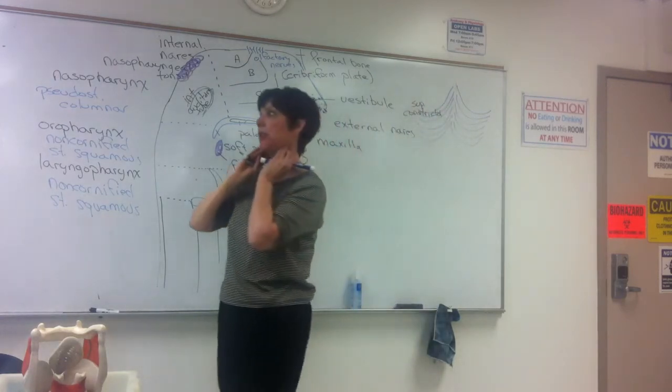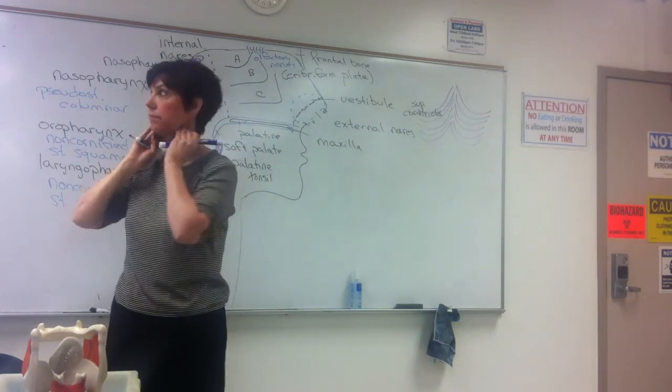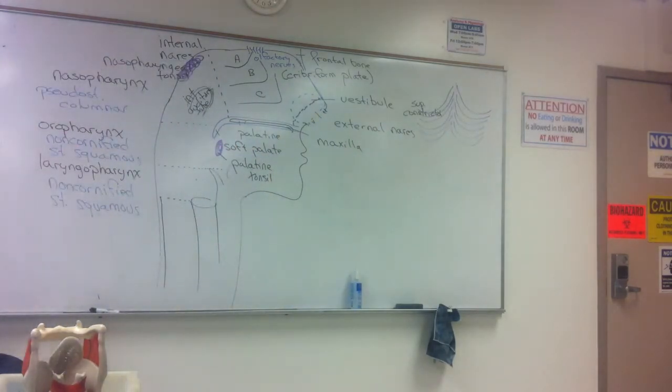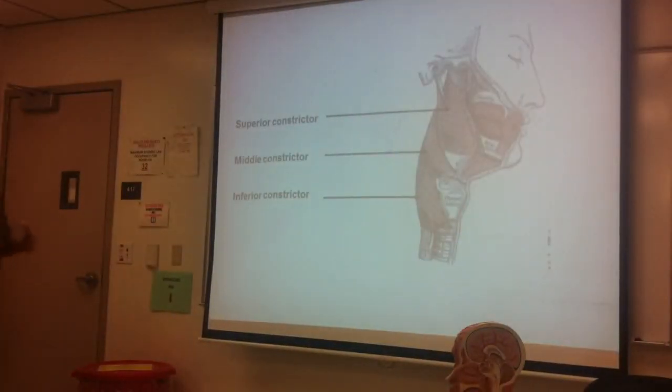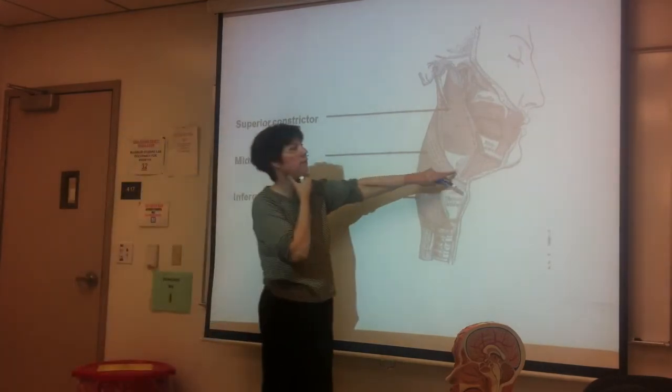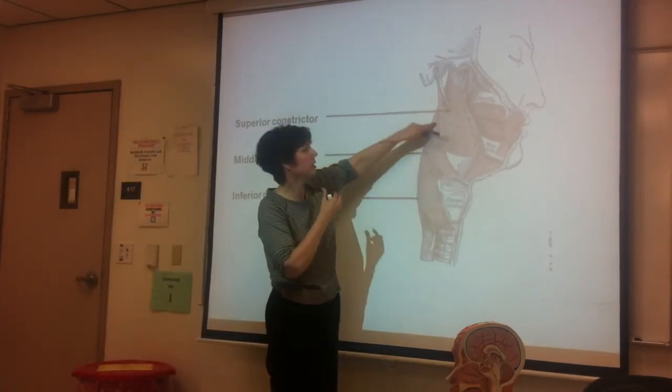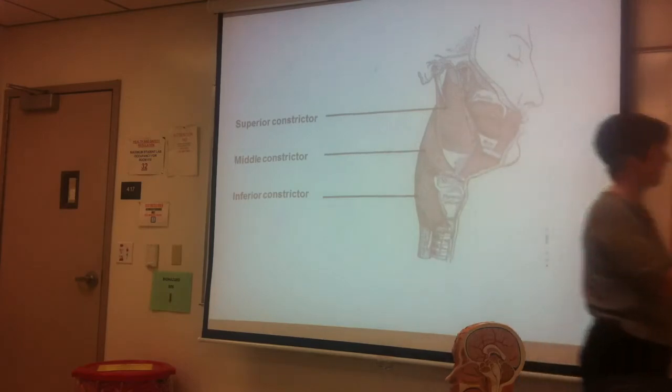The inferior constrictor comes off of the hyoid bone. So you can see that right here, but you can see it better on this lateral view. So here's the hyoid bone, and the inferior constrictor is coming off of that.